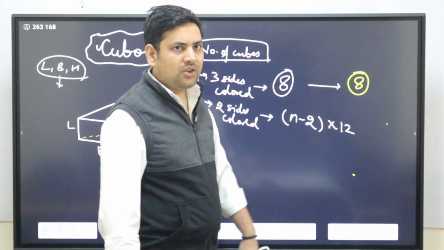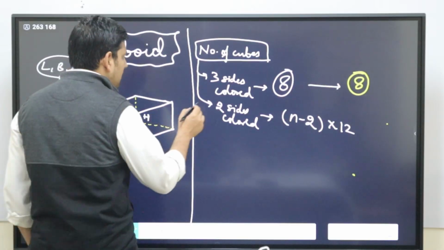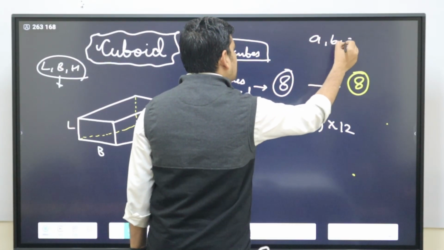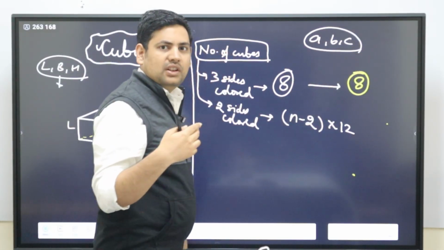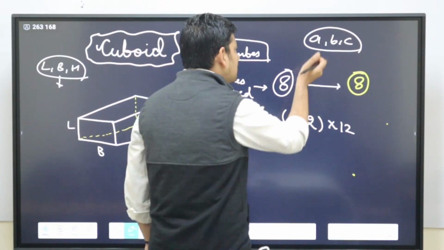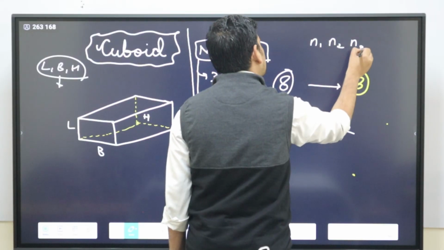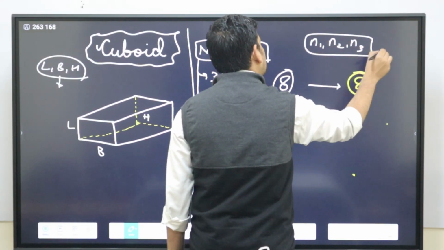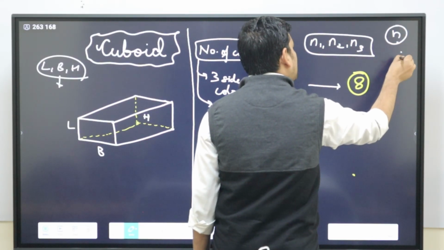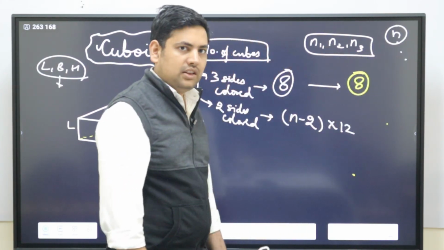Now if side lengths are not equal, let's call the side lengths n1, n2, n3. It looks more intuitive to understand. So instead of a single n that was repeated thrice, now you have n1, n2, n3.